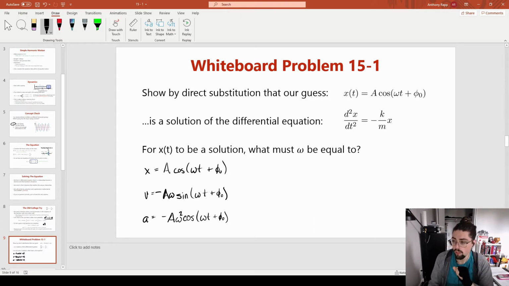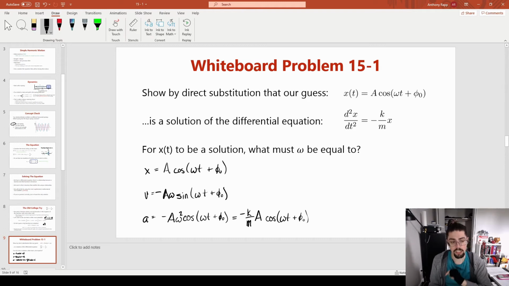Now with this, we said that this acceleration is equal to negative k over m times x. So let's plug in what we just did for x. X is A cosine of omega t plus phi naught. Okay. Now, this is why this A can kind of do whatever it wants to do.